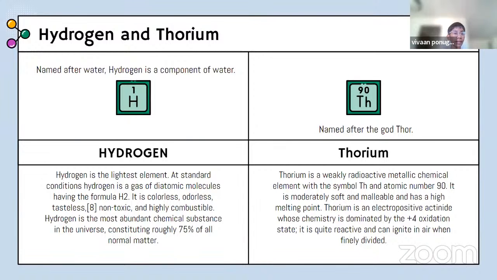Hello again. I will be talking about hydrogen, thorium, and uranium, two very nuclear elements, possibly explosive. So hydrogen, named after water. Hydrogen is a component of water. Hydrogen is the lightest element. At standard conditions, hydrogen is a gas of diatomic molecules, which do not ionize.